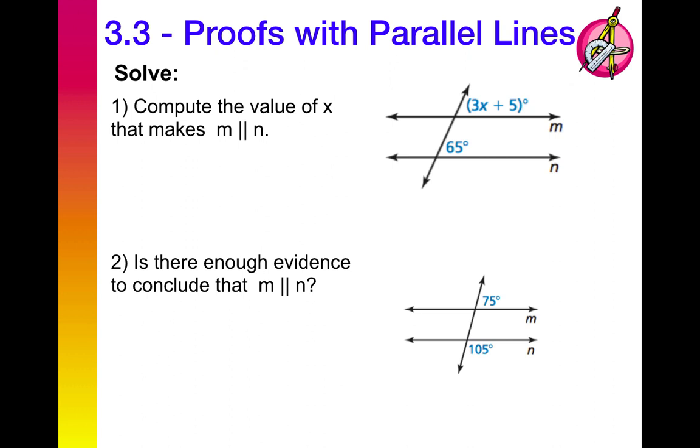For number 2, is there enough evidence to conclude that m and n are parallel? We have this 75 degrees and we have 105 degrees, and we have two coplanar lines cut by a transversal. Think about this for a moment.